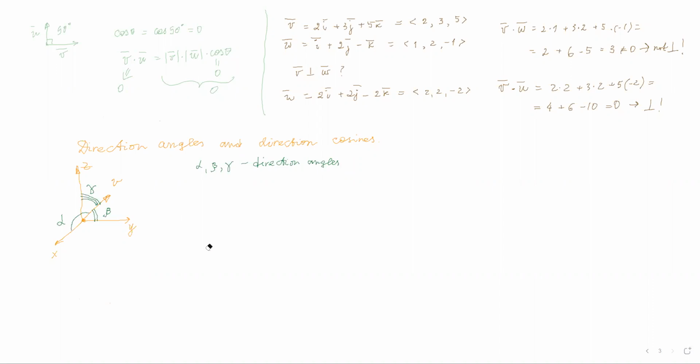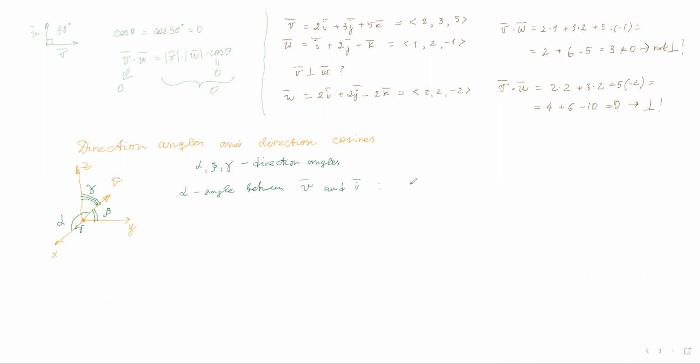How to calculate these direction angles? That's where we need direction cosines, actually. For example, how do we calculate the angle between a vector and the x-axis? Well, we do have a little vector along the x-axis. You probably remember it's called i. So why don't we calculate the angle between vector v and this vector i? So alpha is the angle between v and i.